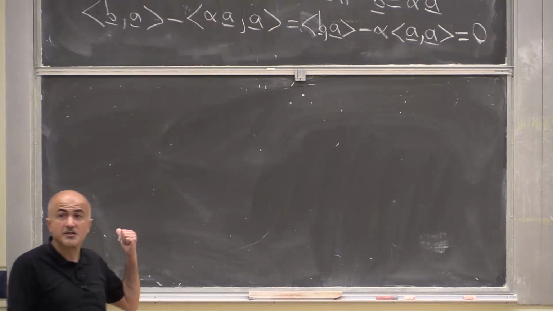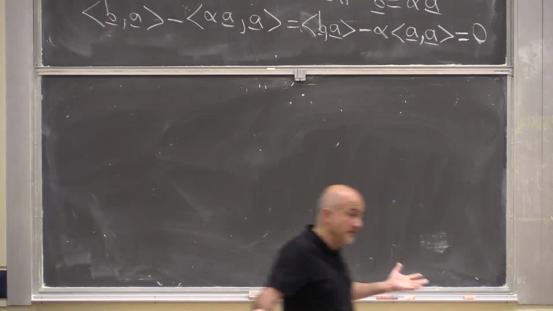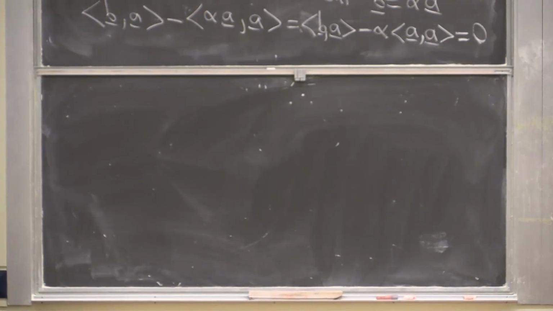How did I get my equation? By enforcing orthogonality. Why am I enforcing orthogonality? Well, that's the one that's going to give me the shortest error. So what is alpha?